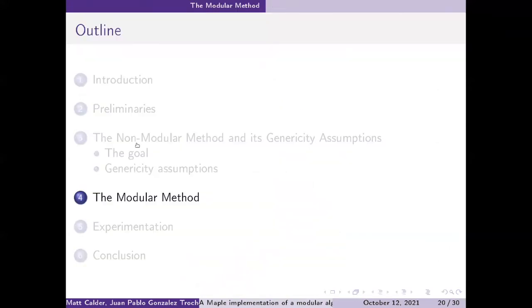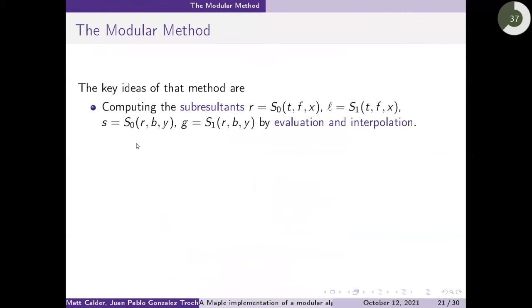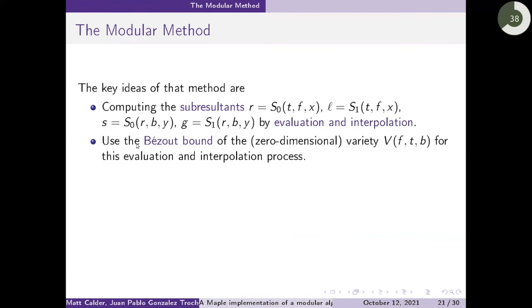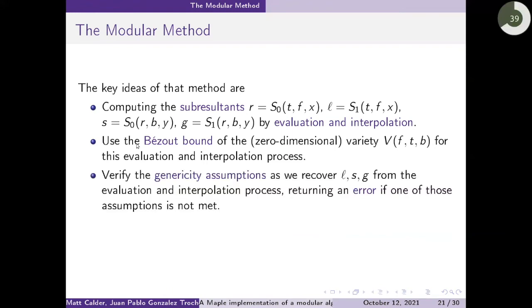Now, the modular method. The key ideas of the method are computing the subresultants R, L, S, and G by evaluation and interpolation. We use the Bezout bound of the zero-dimensional variety V of F, T, and B for this evaluation and interpolation process.